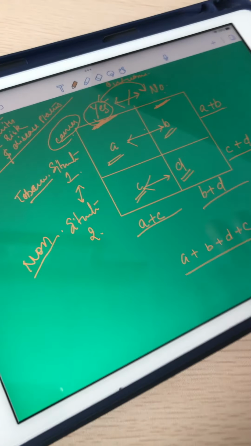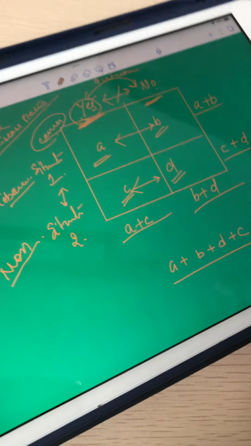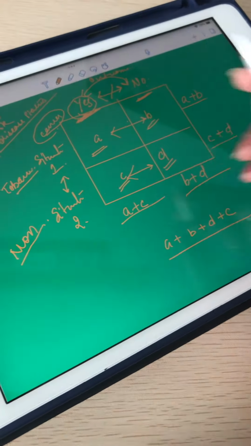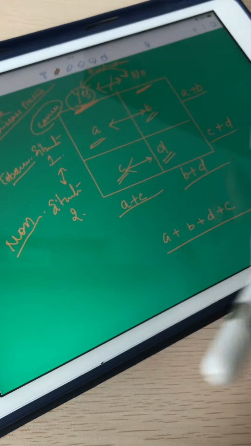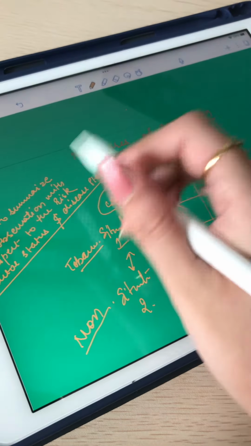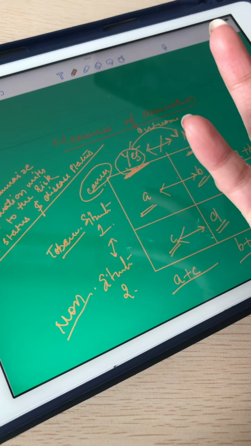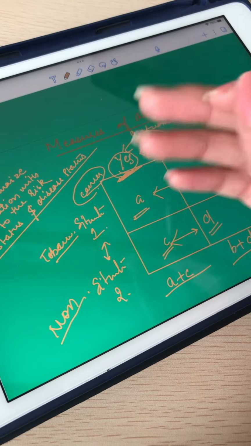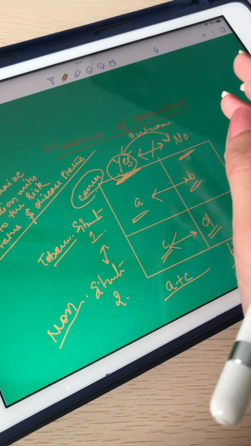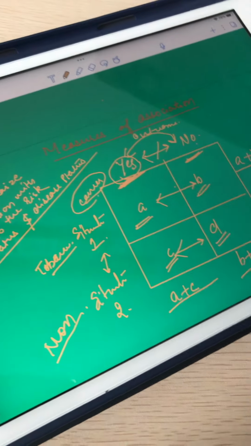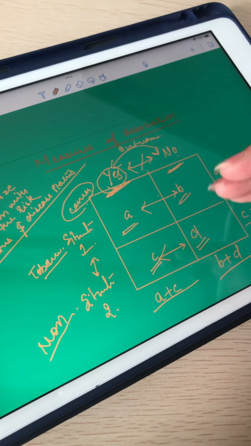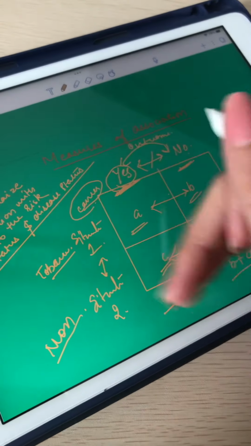Okay, so by this means we understand that we got a lot of values, and whatever value is asked in the question we can easily answer this. So this was the concept of measure of association. If a person asks you the value of the positive results in a given study, you can easily know that the positive results are in this column.